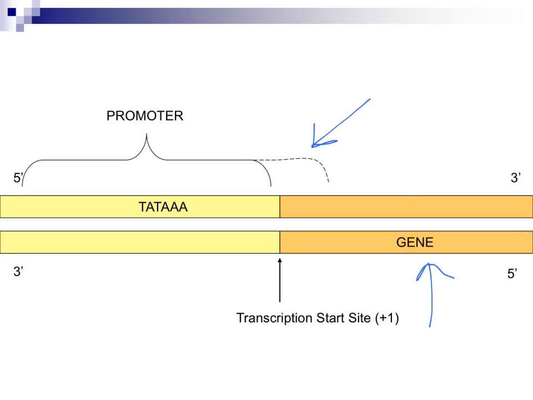The next thing is promoters, as well as the consensus sequences like a TATA box, are not always restricted to the same template strand as the gene is found on. So occasionally you will find parts of the promoter and the consensus sequence on the opposite strand of DNA as compared to the gene that you're going to be transcribing.